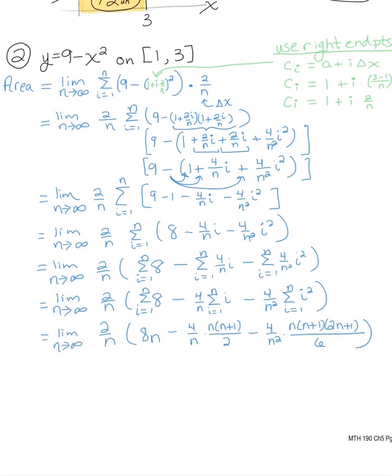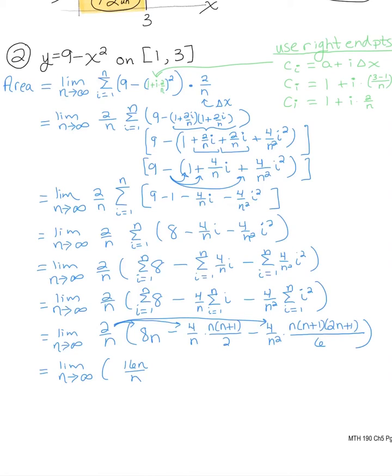Continuing, this is where you have a little bit of flexibility. You definitely must distribute through your 2 over n to all three terms here. And then it's up to you. Sometimes it's almost too tempting to not do some reducing of the n in the denominator with the monomial n's in the numerator. But that is a little bit of the user's choice. So in the first term, I would certainly have 16n over n.